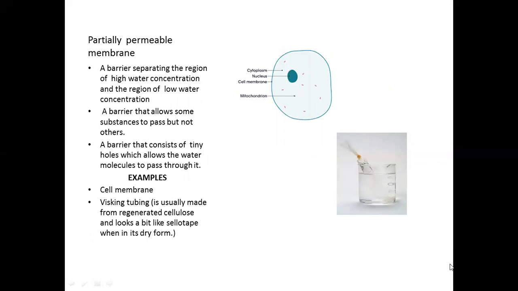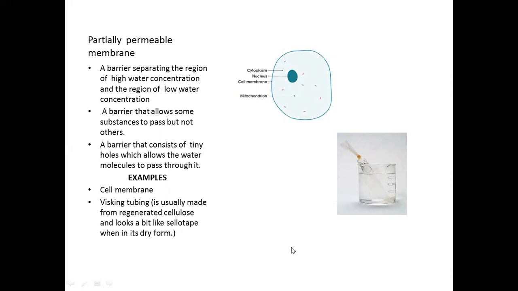So in the case of osmosis, the barrier only allows the small molecules to pass through its holes, whereas molecules having a larger size are unable to cross the barrier. Examples of a partially permeable membrane are the cell membrane, which is the outer layer of an animal cell, and the second example is Visking tubing. It is made of cellulose and looks like a bag of sellotape, as shown in the diagram. So we have discussed the second difference.